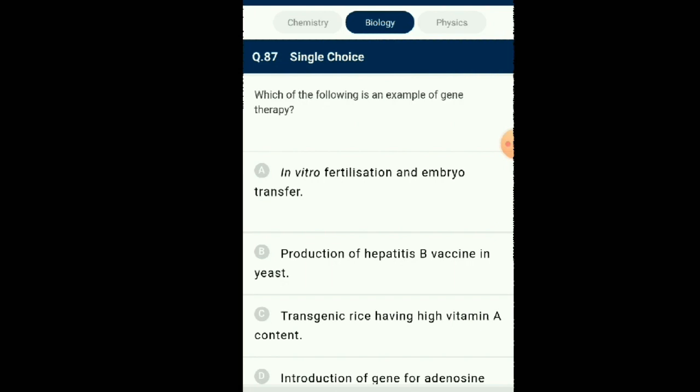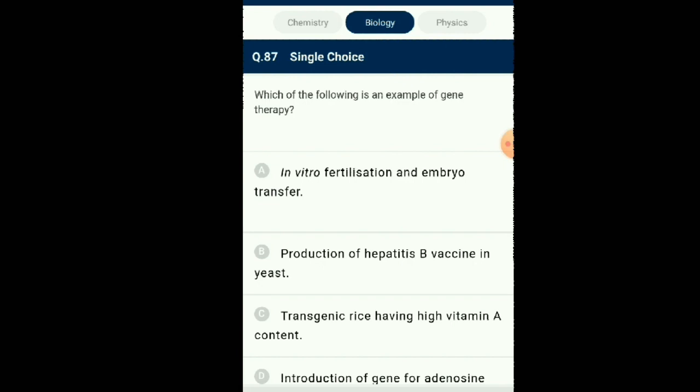Question number 87. Which of the following is an example of gene therapy? Replacement of a faulty gene by a normal healthy functional gene is called gene therapy. Adenosine deaminase (ADA) deficiency can lead to severe combined immunodeficiency. In gene therapy, cells are extracted from the bone marrow of the patient and cultured.